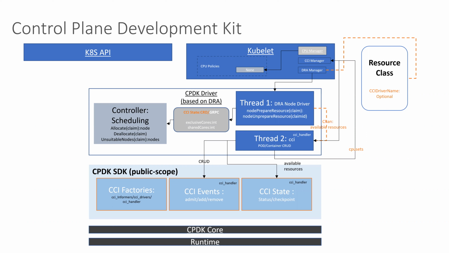It'd be completely up to you to define what this API back to the Kubelet is, because whatever driver name you put in your resource class, when your pod lands on the Kubelet and it's trying to allocate claims of your type, it's going to know to call into the CCI manager rather than the DRA manager to handle these types of resources. And so the API you define with your plugin can be whatever you want. You're not beholden to the node prepare resource and node unprepare resource APIs like the CDI.